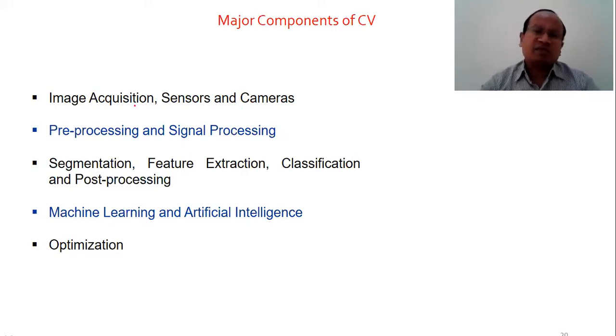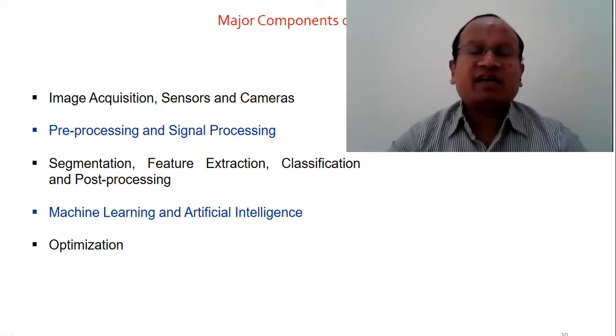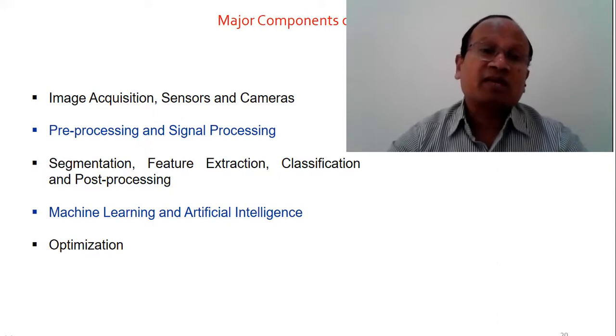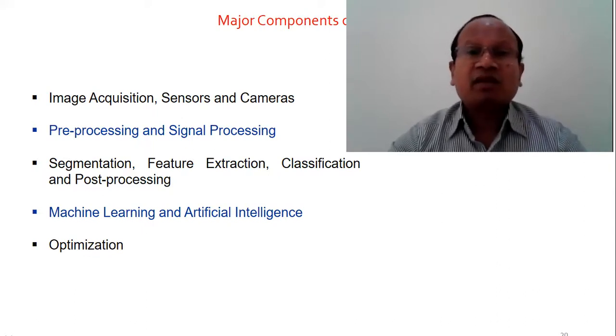So these are the major components in computer vision. I mean, image acquisition, sensors and cameras. This is a summary of the components of computer vision, which includes a system for image acquiring, sensors and cameras. Then comes pre-processing and signal processing, because the data which are captured might not be of good quality, might not be suitable for further components of computer vision.